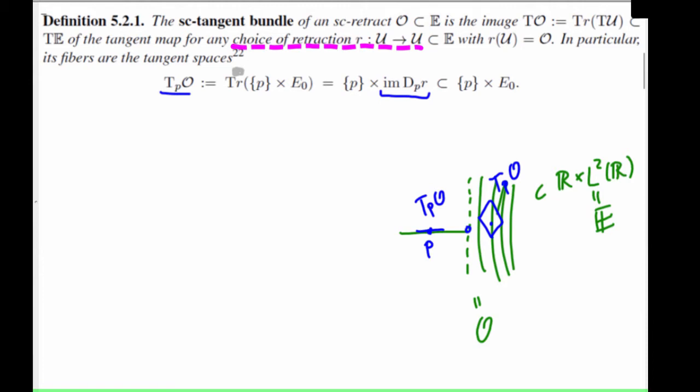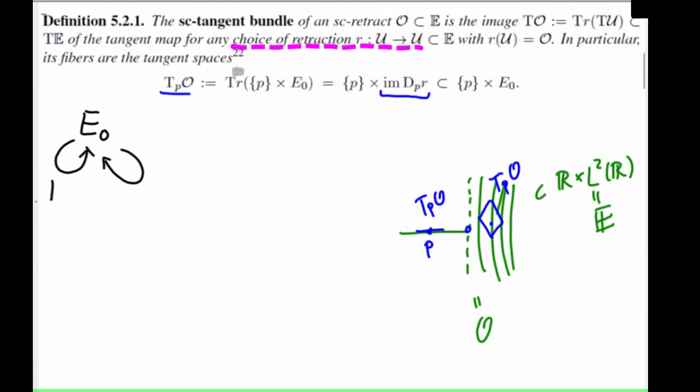So what's nice about this? One thing is that this comes with a splitting. That's maybe not so obviously relevant right now, but it's going to be very important for Fredholm theory.